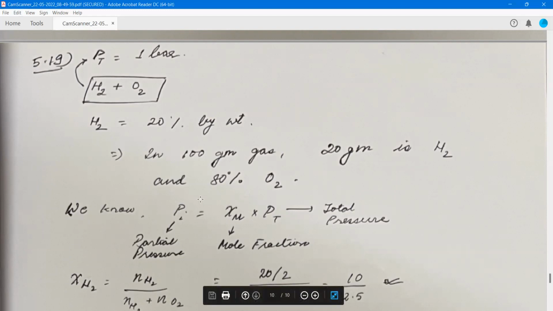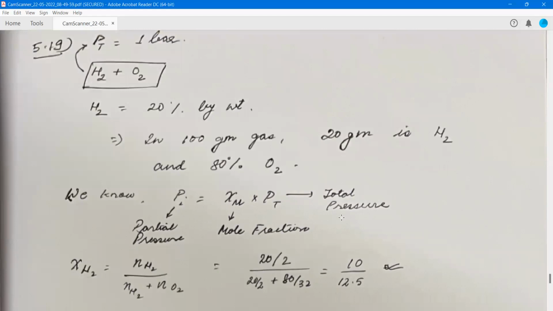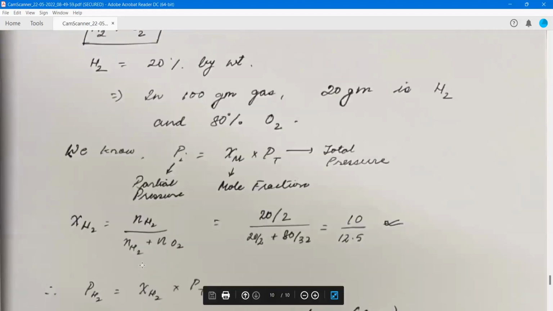They have given that dihydrogen is 20%. So we can consider 100 gram, where 20 gram is hydrogen and 80 gram is oxygen. The mole fraction of hydrogen will be equal to the number of moles of hydrogen upon the total number of moles.